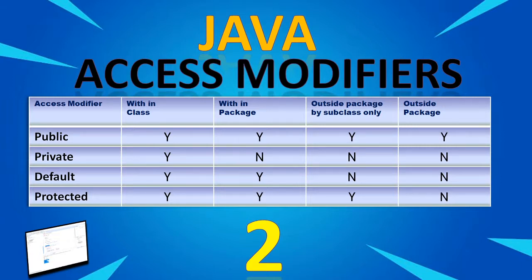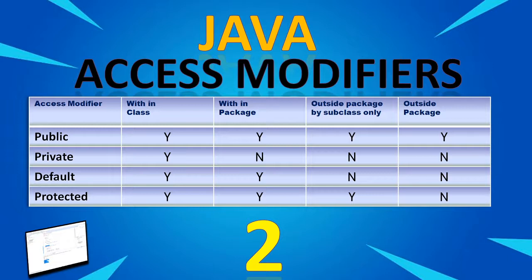Say for example, in a package you have multiple classes, you can access it in all of those classes. Don't worry too much, because we are going to see in practical how these four work, public, private, with very simple examples. Before that you need to know what these are from an interview point of view as well. They may put a chart like this and ask you whether it is accessible. This is the base for learning further concepts.